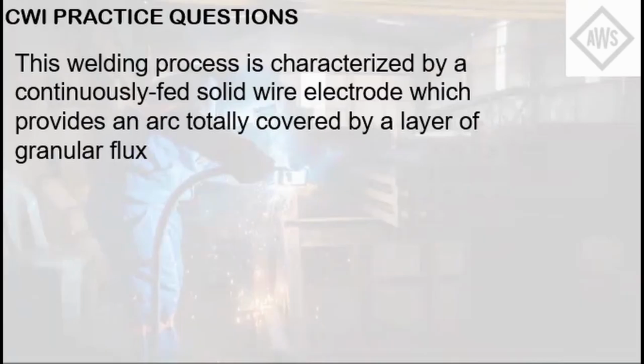This welding process is characterized by a continuously fed solid wire electrode which provides an arc totally covered by a layer of granular flux. So the question is asking what welding process involves a continuously fed solid wire electrode, and as soon as this solid wire is in contact with the base metal, an arc is formed together with a layer of granular flux.